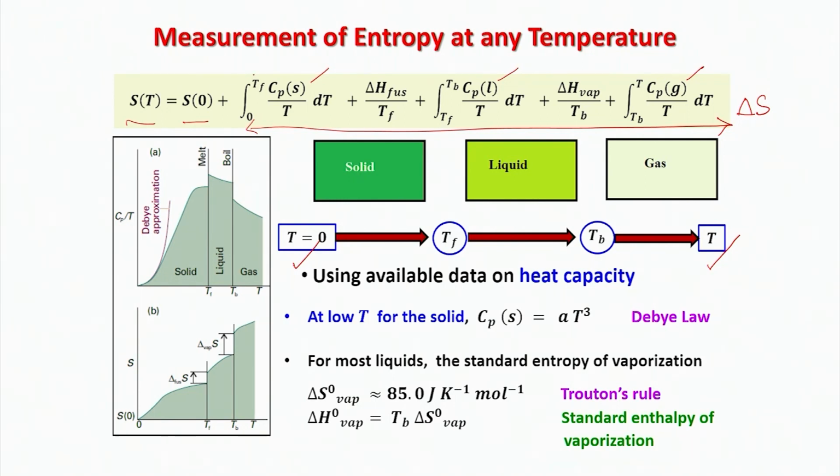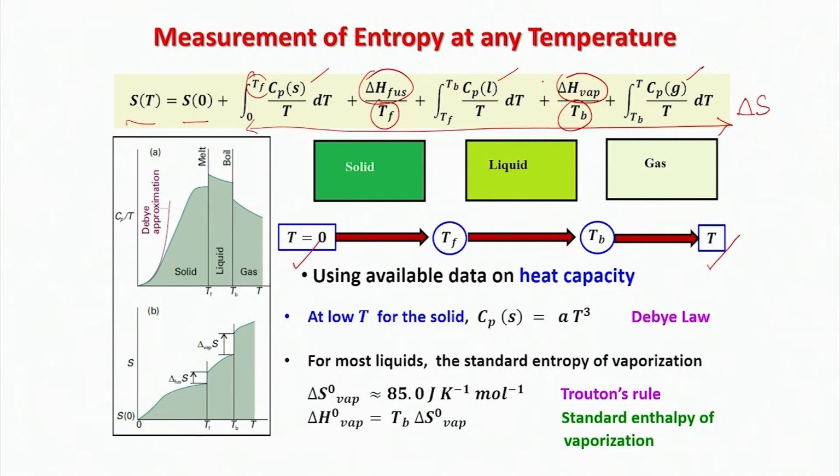Also, if I know the freezing temperature, heat of fusion, boiling temperature and the heat of vaporization or the standard enthalpy of vaporization. For all these, as I have already mentioned, experimental data are available in the literature.